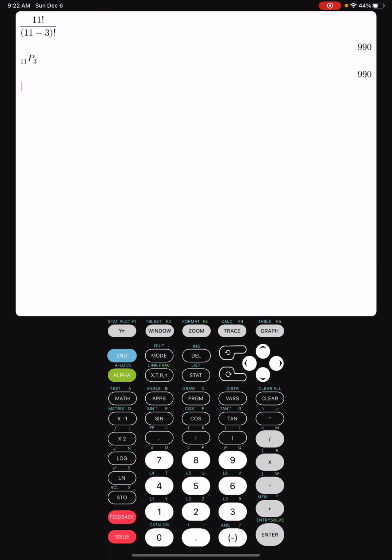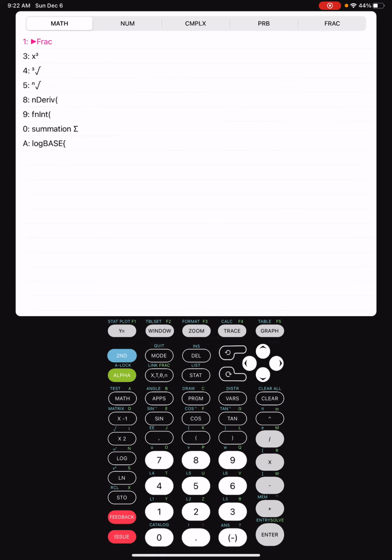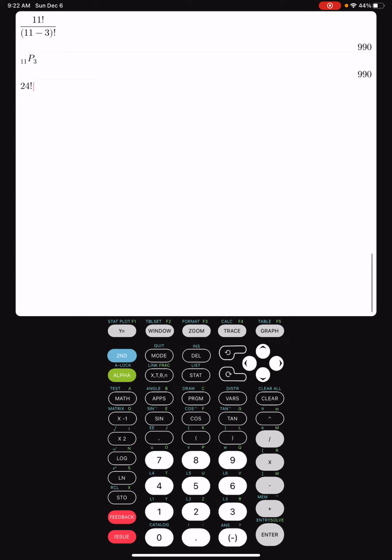So on my calculator, I can do 24 math factorial divided by 18 math factorial. Or I can use my nPr button. nPr 24, and I'm choosing 6.